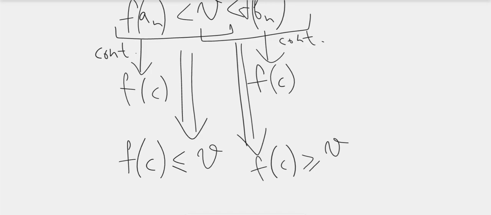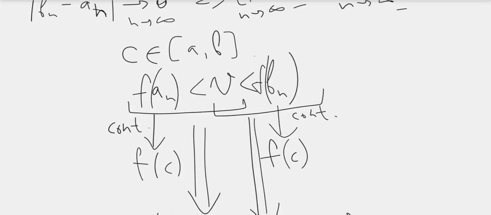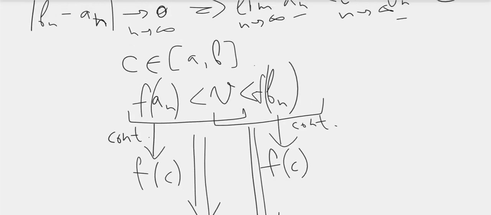So basically, when we take the limit of these inequalities, the strict inequalities are converted into less or equal.